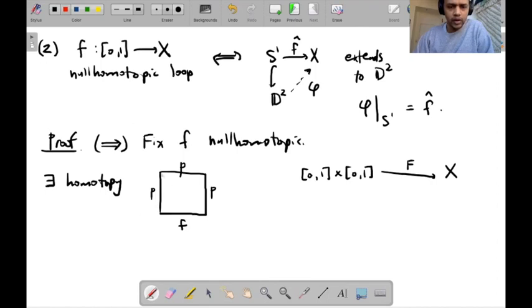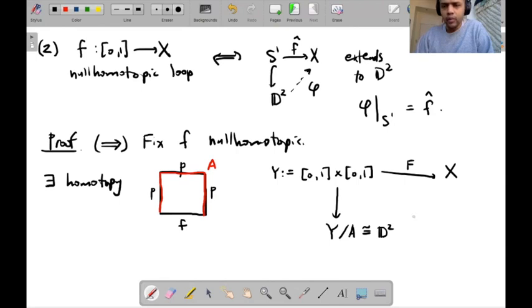So let me call this A, and let me call this square Y. So we have the quotient of Y by A, which we proved in the warm-up is equivalent to the disk.